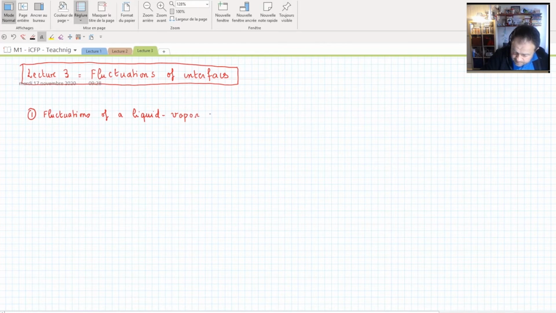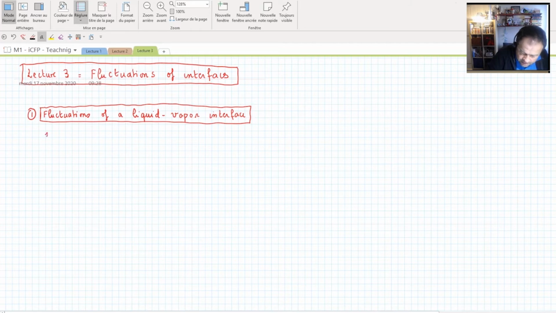And first, what we want to calculate are the statistical properties of an interface.